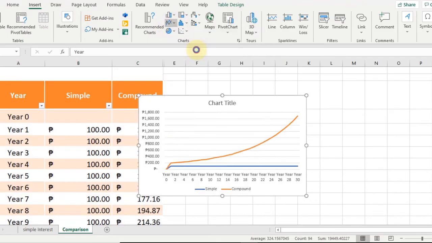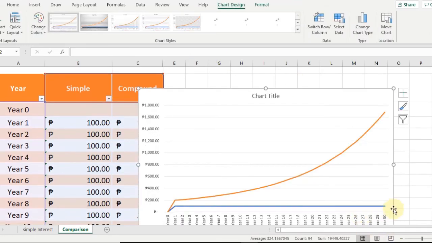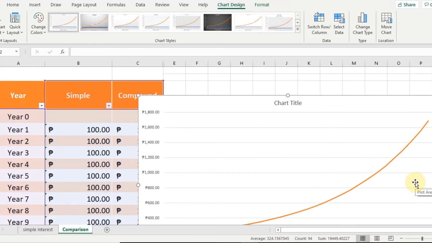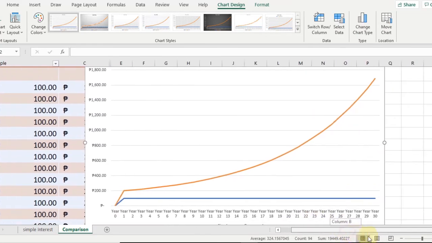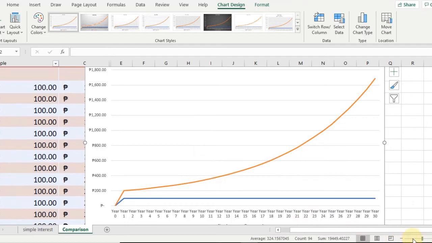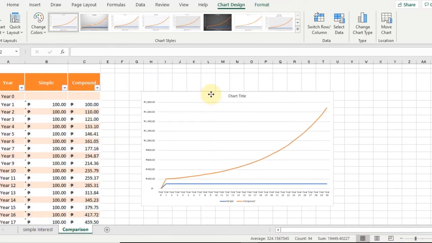This one, stacked line. Okay, there you go. So there's our chart. I'll just drag that there.